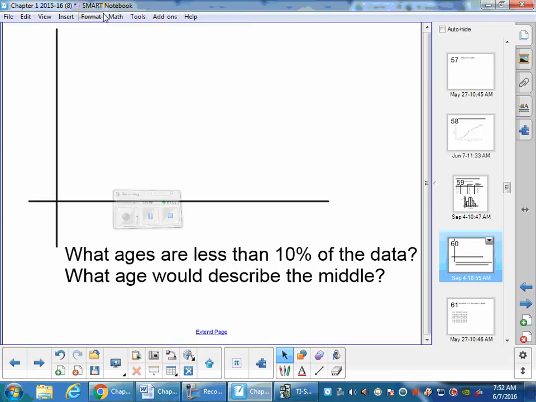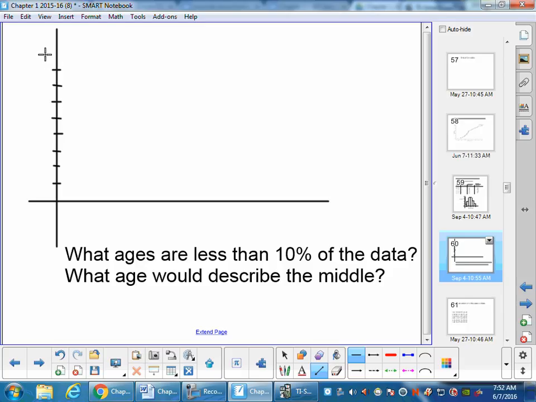So on our y-axis, we go from 0 up to 100%. So we can probably go by 10, 20, 30, 40, 50, 60, 70, 80, 90, 100. And that is our percentile.